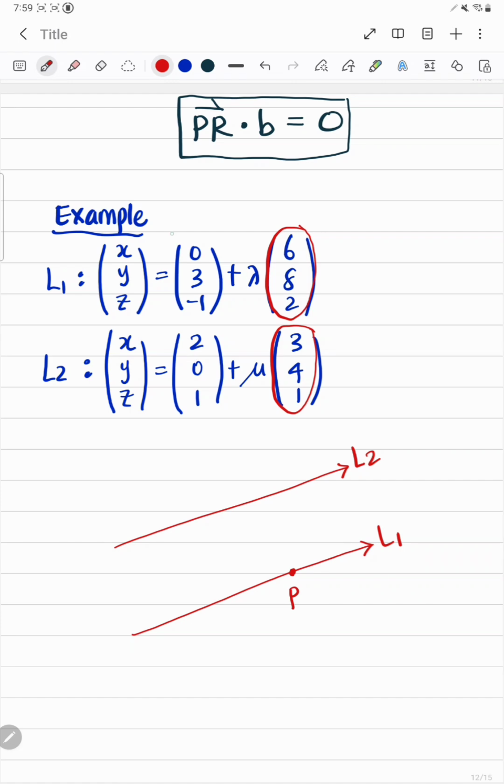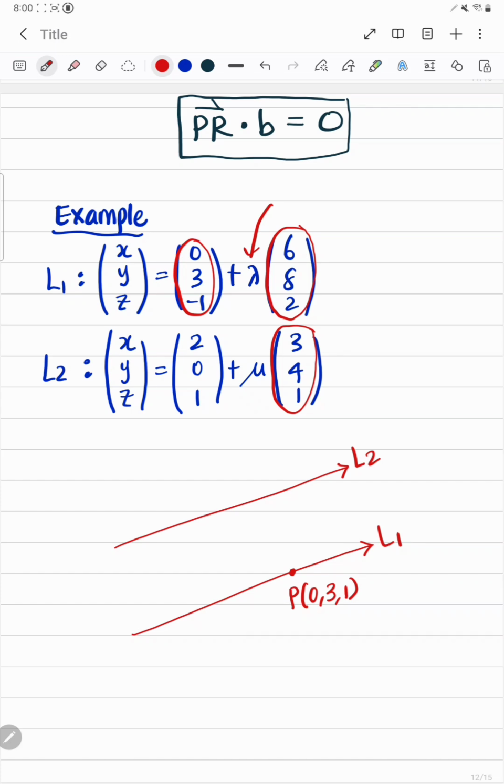I would want to choose (0, 3, -1), because line 1 passes through the fixed point (0, 3, -1). So we choose a fixed point in line 1 as (0, 3, -1). If you don't want to choose this fixed point, you can substitute any value of lambda into line 1 to get a fixed point to start.